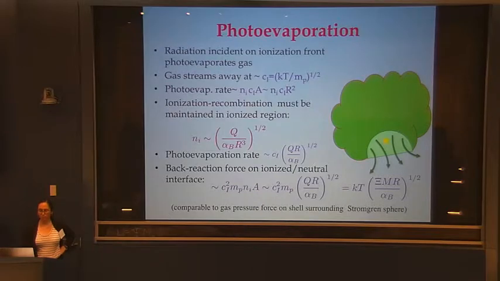And that photoevaporation rate says how fast you expect to photoevaporate gas and have it stream away from the cloud at 10 or 20 kilometers a second. Of course, that will also have a back reaction on the cloud. And it turns out that if the back reaction is just this, the photoevaporation rate times the sound speed times the particle mass, that turns out to be just about the same as if you have an embedded H II region and you look at what the force is applied. So you'll recognize this from the previous slide if you have it all in your head.